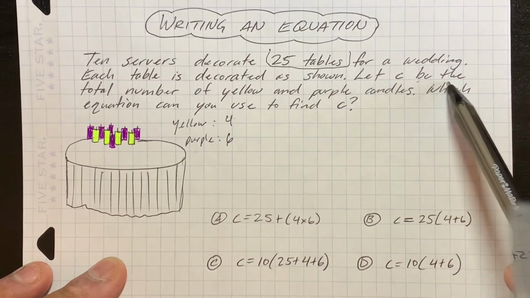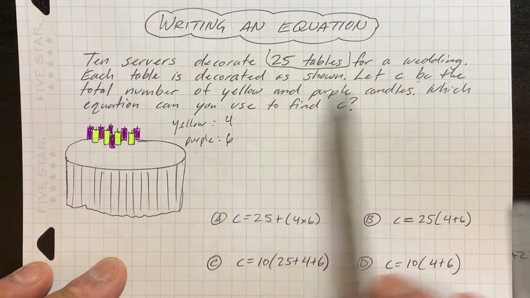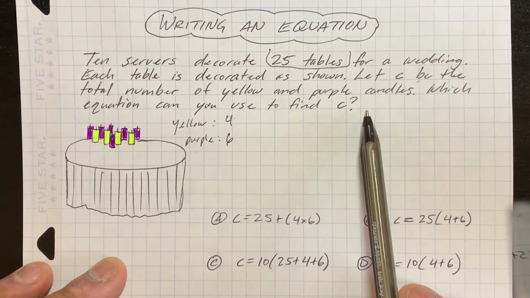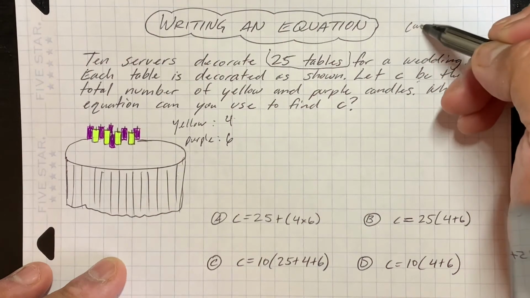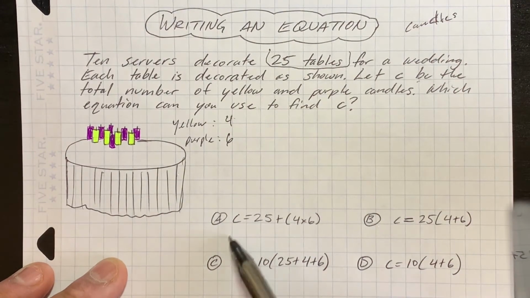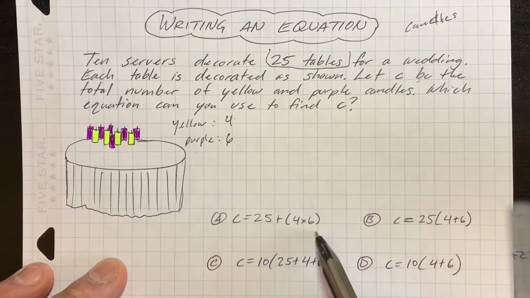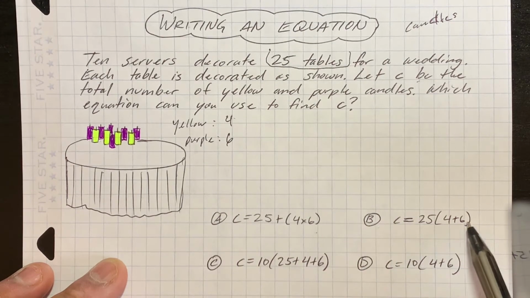Let C be the total number of yellow and purple candles. Which equation can you use to find C? I'm guessing that C stands for candles. A, C equals 25 plus 4 times 6. B, C equals 25 times 4 plus 6.